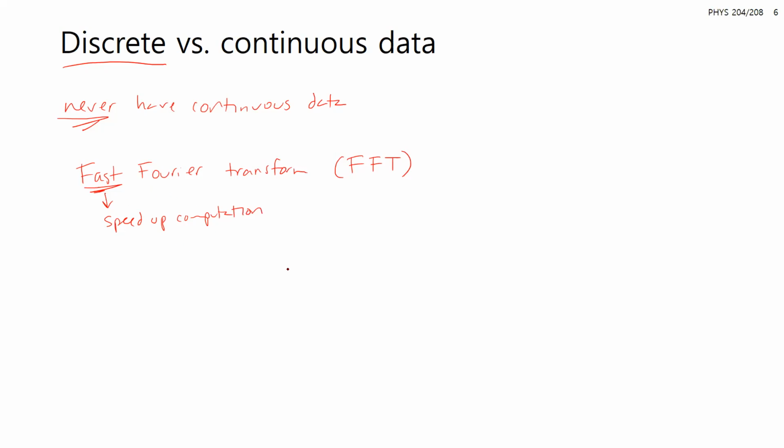Like I noted, there are entire classes devoted to Fourier transforms, but you should be aware that the fast Fourier transform is a way to reduce the complexity of the calculations. And discrete data, you also hear this represented as sparse data, sparse matrices.